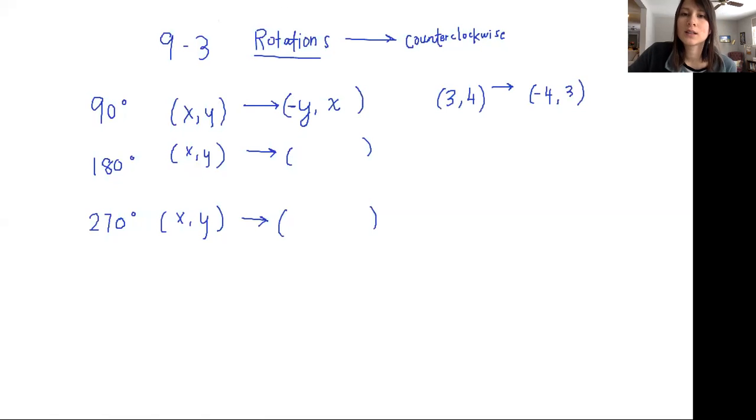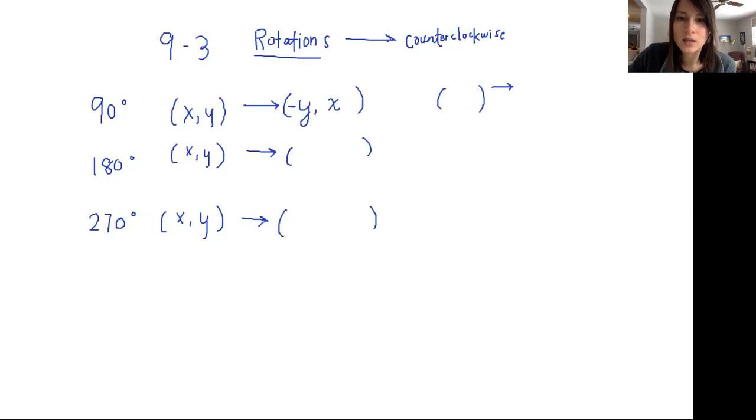Let's say I have a (1, -2) point. It goes through a 90-degree rotation, you would flip-flop the 1 and 2 and change the y to become the opposite sign. So if it was negative, it becomes positive. So it would become (2, 1).